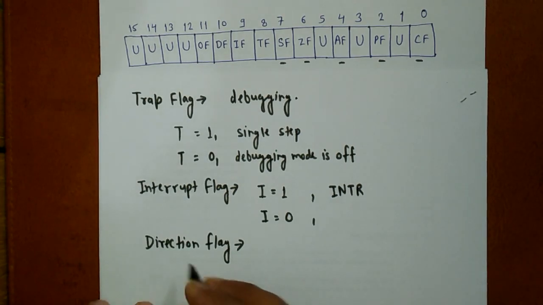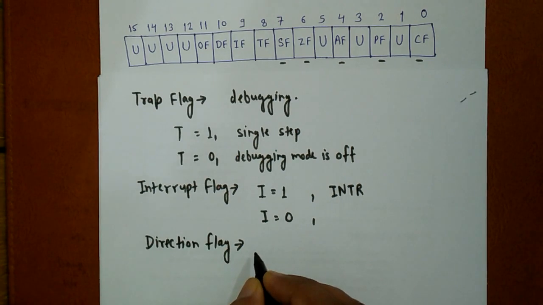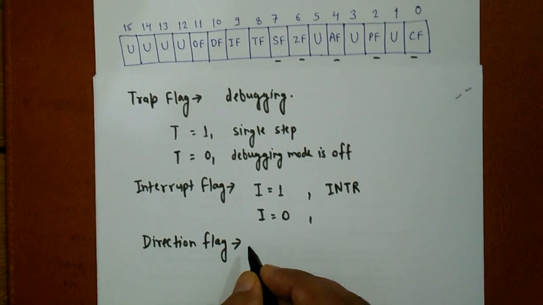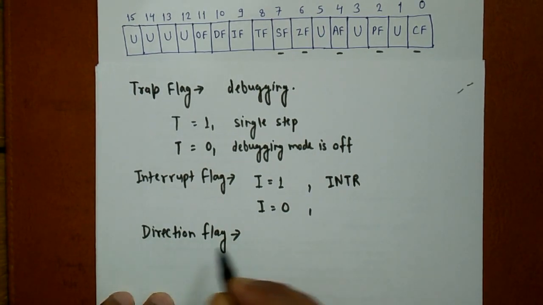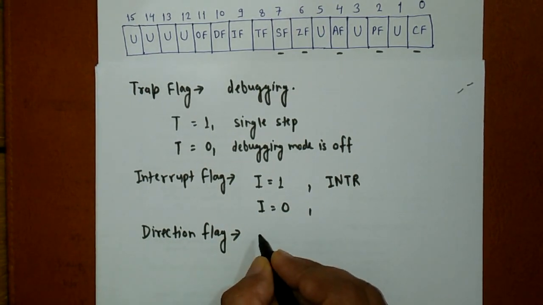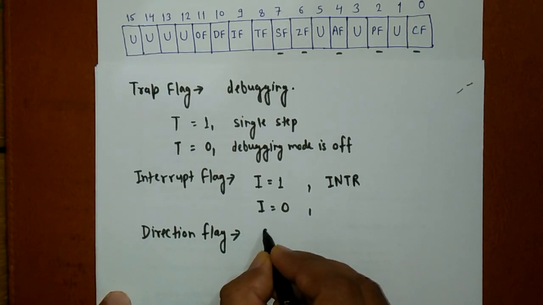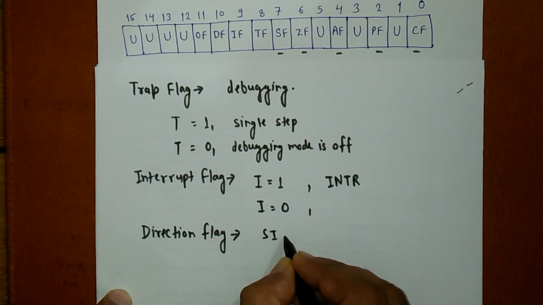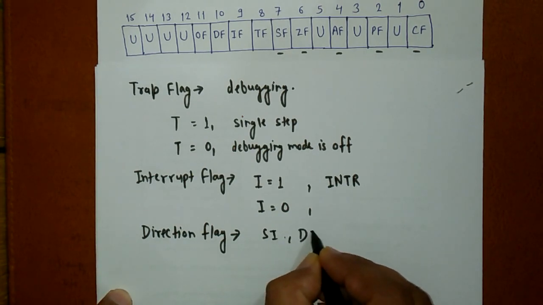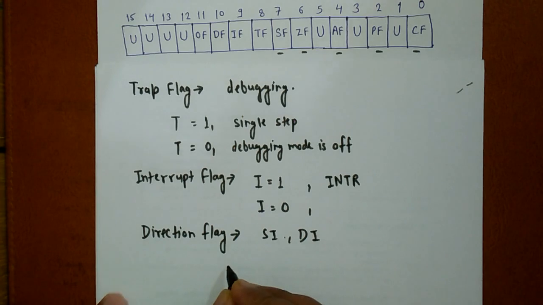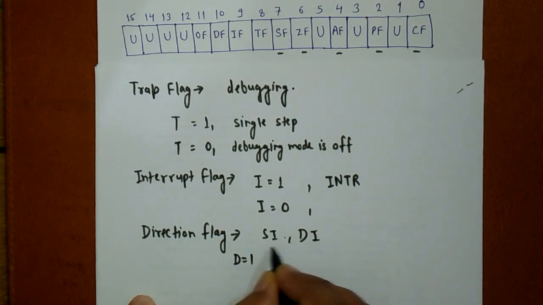The last flag is the direction flag, and this flag is used in strings. Whenever there are string operations, we use the direction flag. Basically, the value of 1 in the direction flag shows that the contents of the SI and DI registers will be decremented by 1.